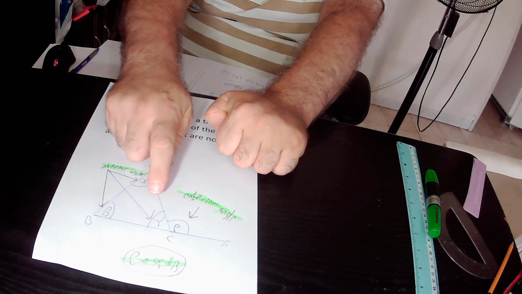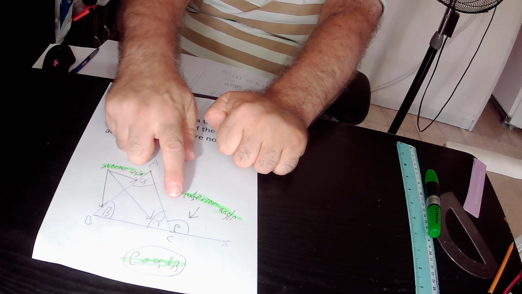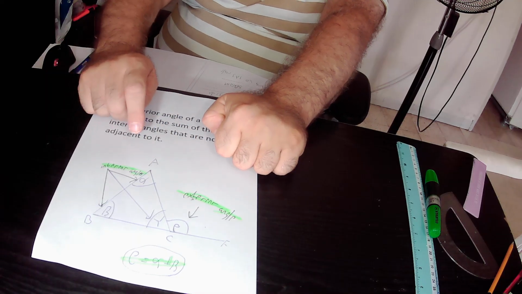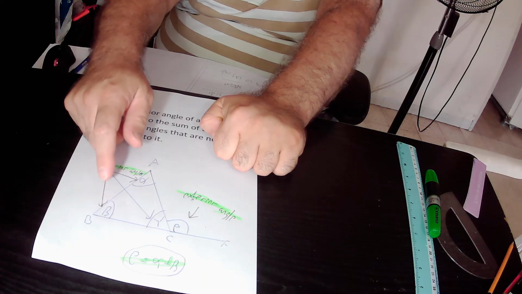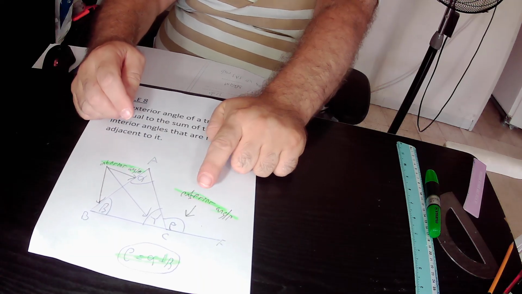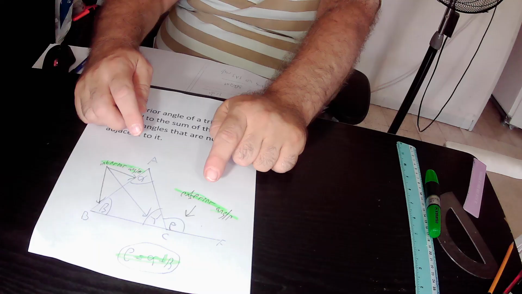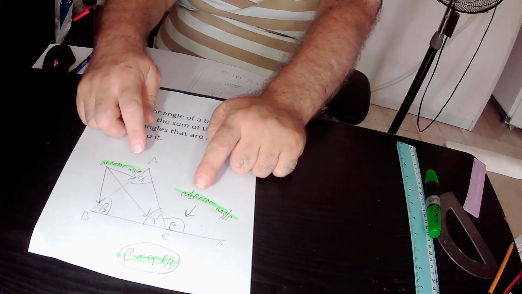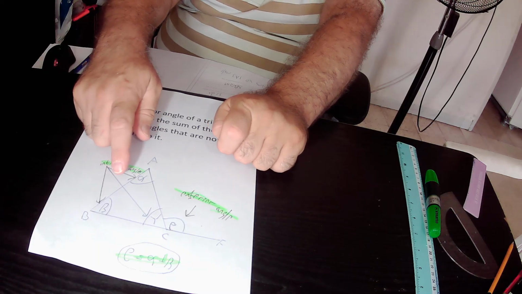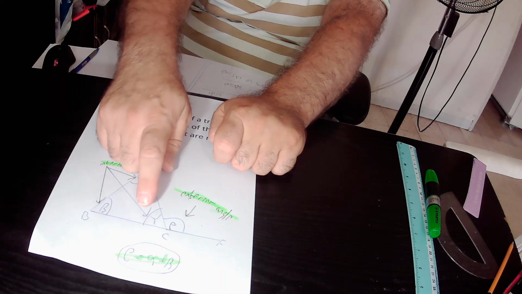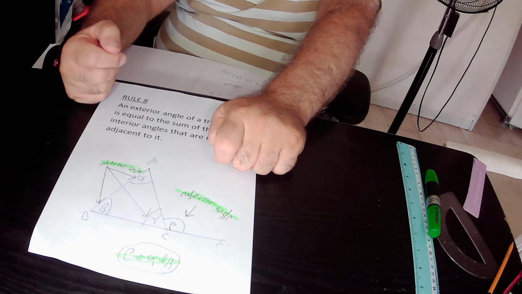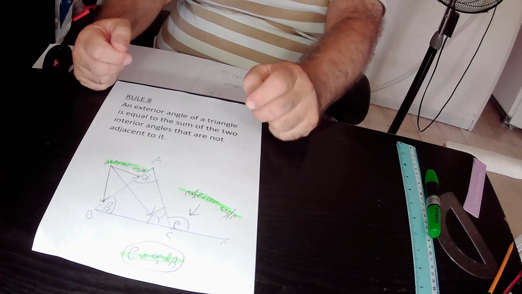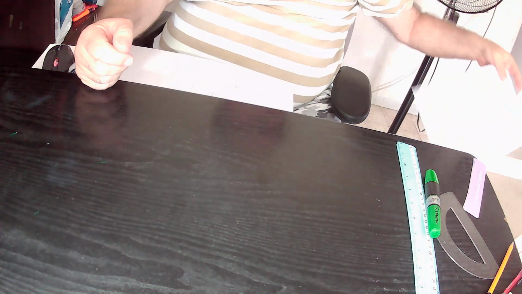This is the interior angle gamma that is definitely adjacent to angle E. The two other angles that are not adjacent to angle E are those two angles, alpha and beta. So the value of angle E is equal to the sum of the two interior angles that are not adjacent to it. That is to say, E equals alpha plus beta according to this rule 8. So we can implement rule 8 in our drawing.